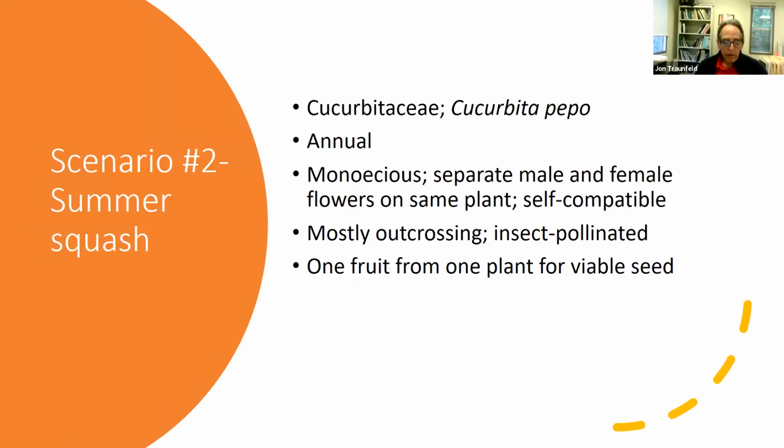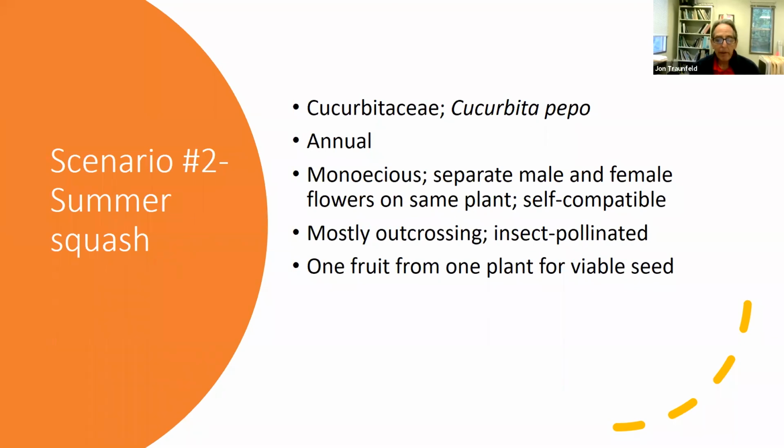All right, moving on to summer squash as another scenario. So this is Cucurbita pepo, an annual plant, and as we learned, it's monoecious. So we have separate male and female flowers on the same plant.